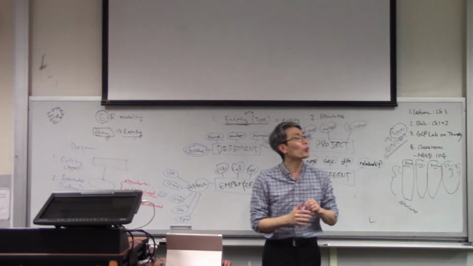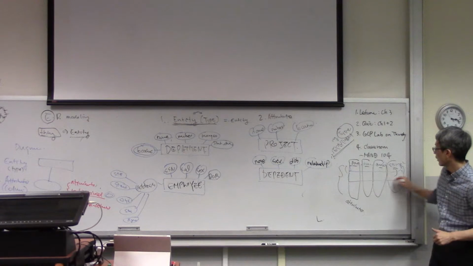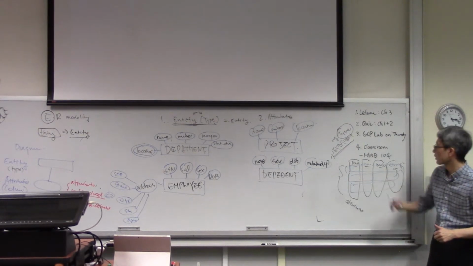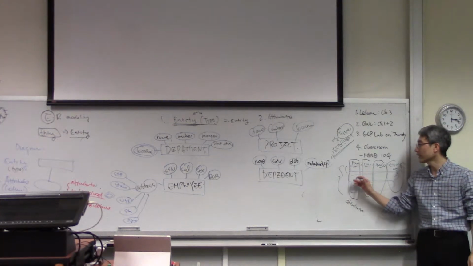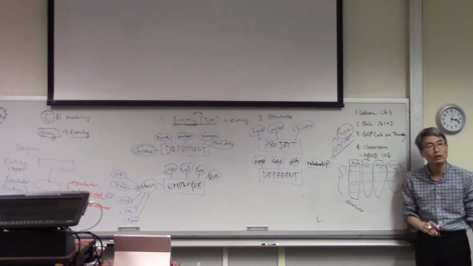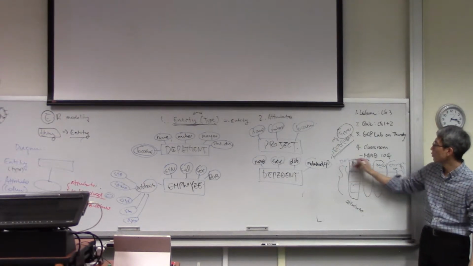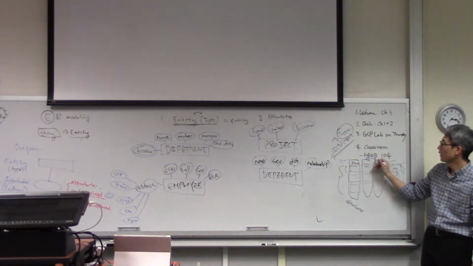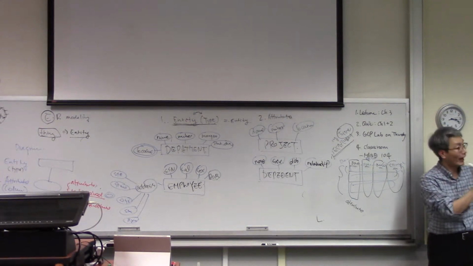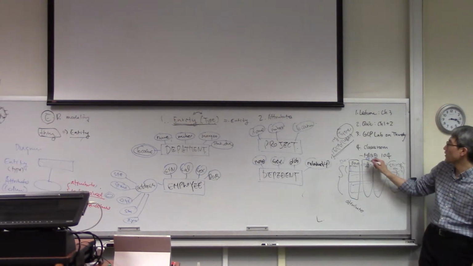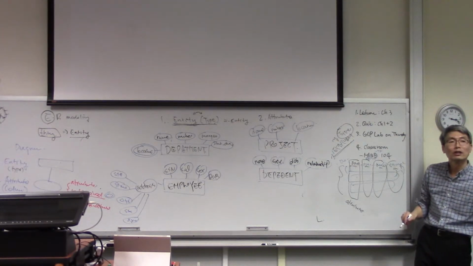So if we go back to here, this is an entity, another entity, another entity. If we can identify a specific entity using an attribute, for example, in this case, the department using number, we can identify the specific entity. Okay, at that time, this attribute is called a key attribute.